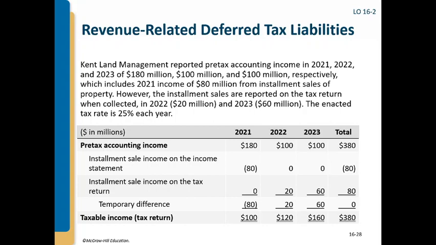All right, so note down at the bottom, you've got a temporary difference between accounting income and taxable income of $80 million, 180 versus 100, the amount of the installment sale.